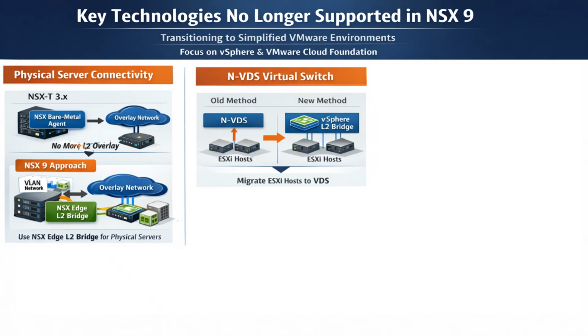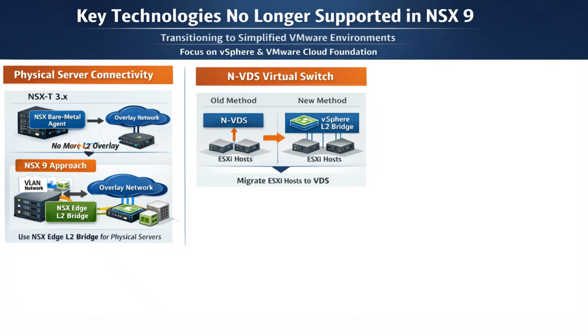So starting from NSX 4.0, which is included in VCF 9, ESXi must use the standard vSphere distributed switch, also called VDS. So today NSX integrates directly with VDS version 7.0 or later. This simplifies networking because NSX networking is now tightly integrated with vCenter and the standard vSphere networking stack.